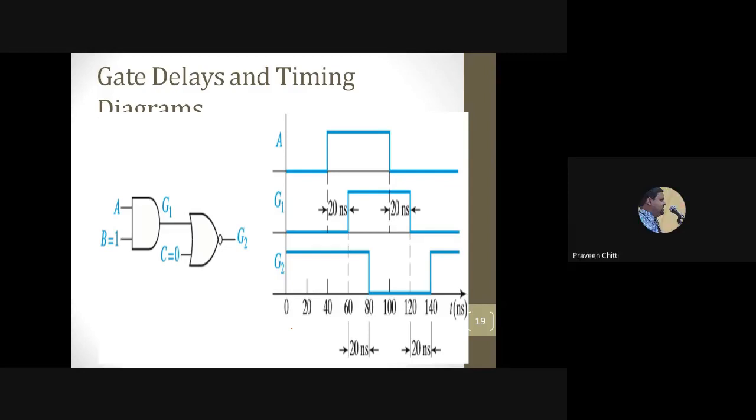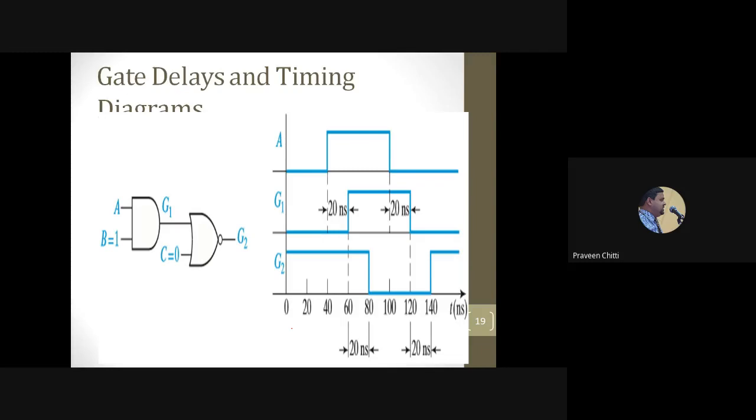Now you can see there, at time t equal to 0, they have given the input A is 0 and C is 0. And if B changes from 0 to 1, how can we draw the output waveform? That is what is shown here. And here we are assuming that every gate has a propagation delay of 20 nanoseconds. When I say propagation delay of 20 nanoseconds, what does it mean?